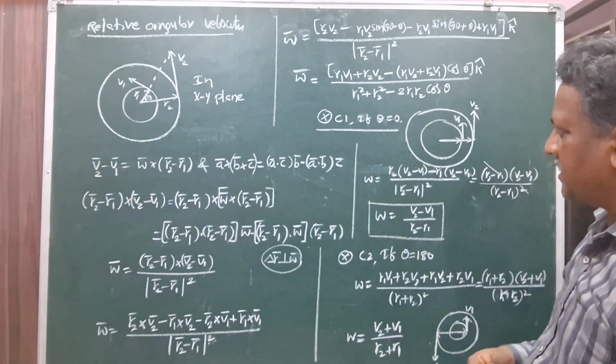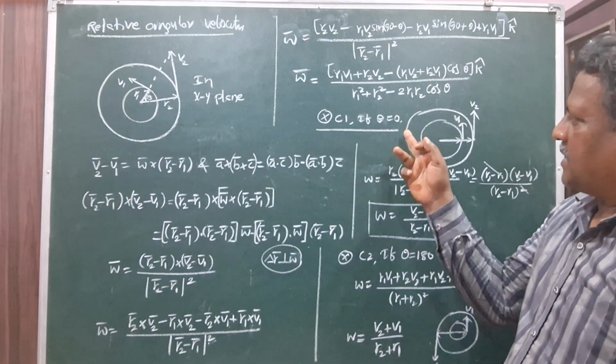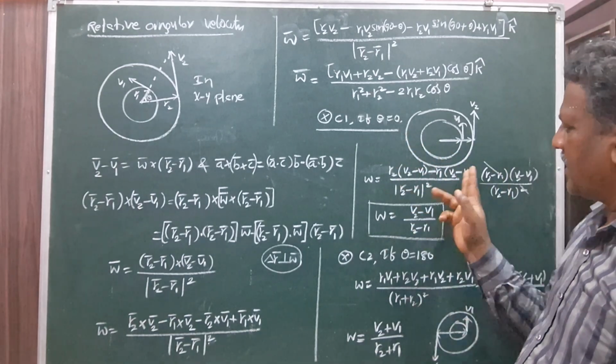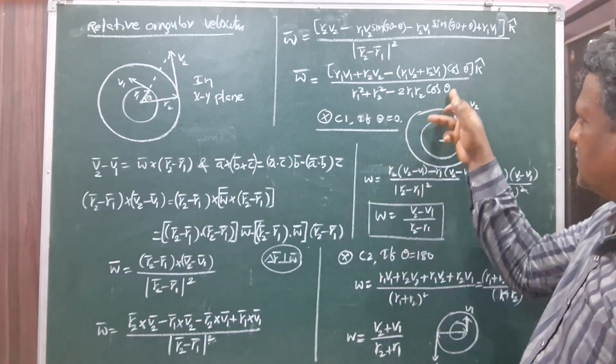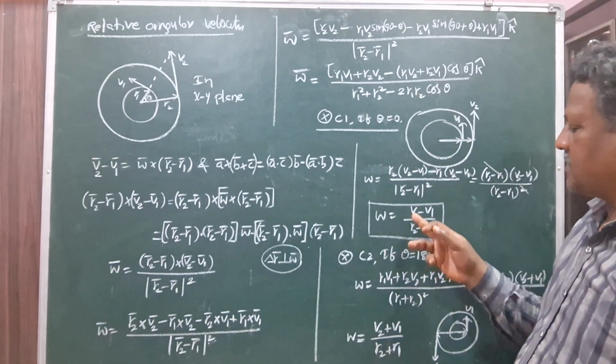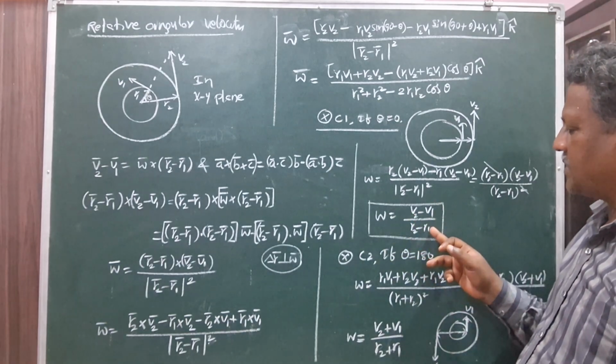There are two special cases. If theta is equal to 0, both particles are in the same line, and substituting theta equal to 0 in this equation, we get omega is v2 minus v1 by r2 minus r1.